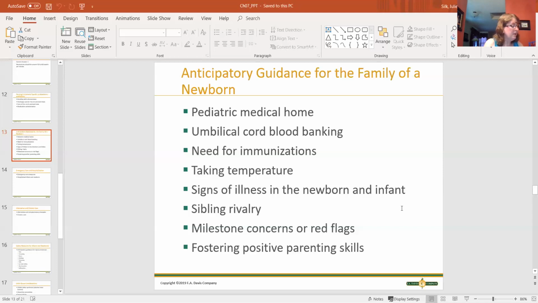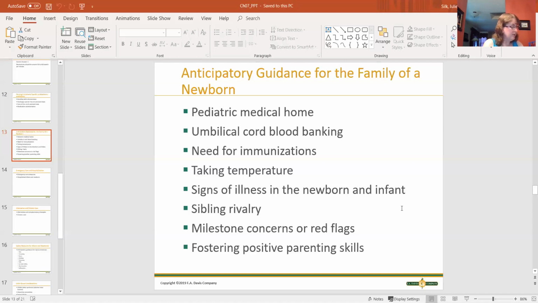If they're vomiting or have a decrease in wet diapers, sunken or bulging fontanelles, loss of appetite, foul odor or bleeding from the cord or circumcision, increased irritability, blue or cool hands and feet, skin rash, drooling not associated with teething, refusal to lie down if 8 months of age or older. Any of those things should be checked out.